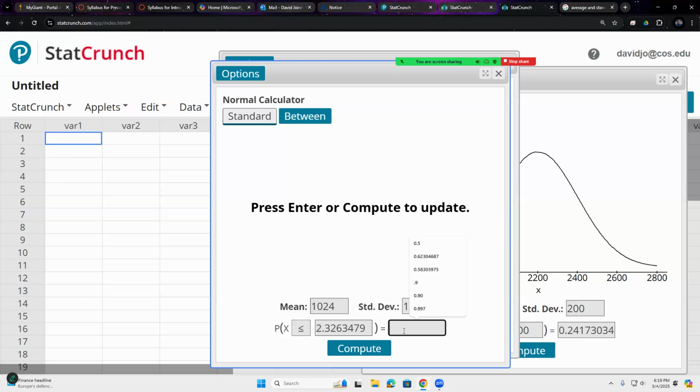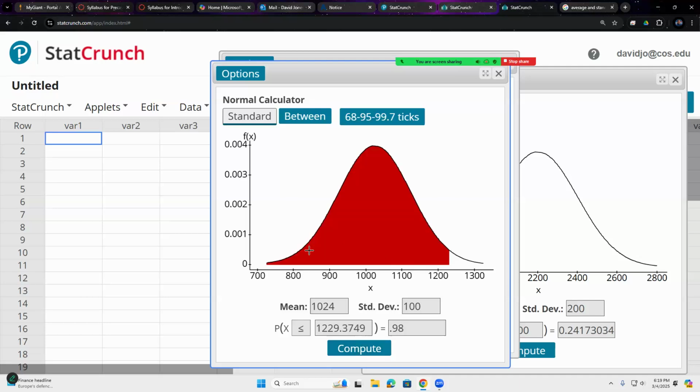And I'm going to say, what is the score if I was in the 98th percentile? 98th percentile means 98% of students got a score lower than you. I would have needed to get a 1229, 1230 on the SAT to be on top. That doesn't seem like it's the average, to be in the top 2%. I thought they went up to 1600.